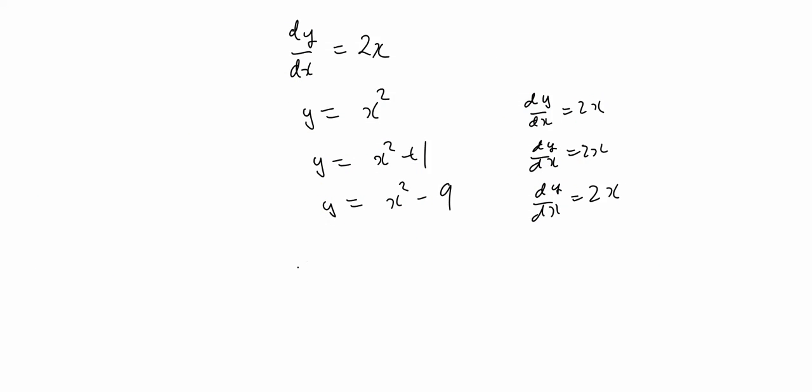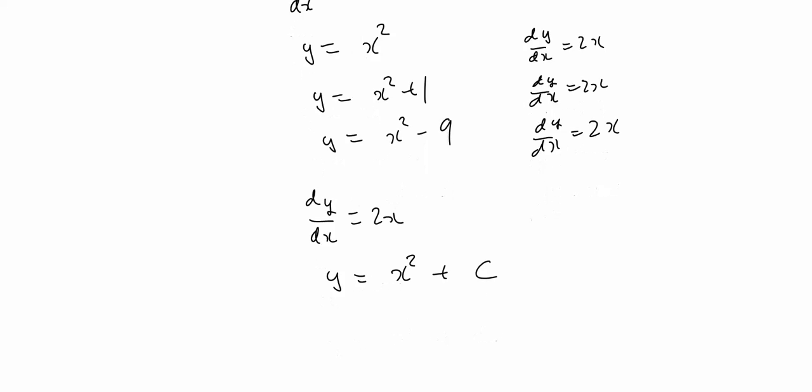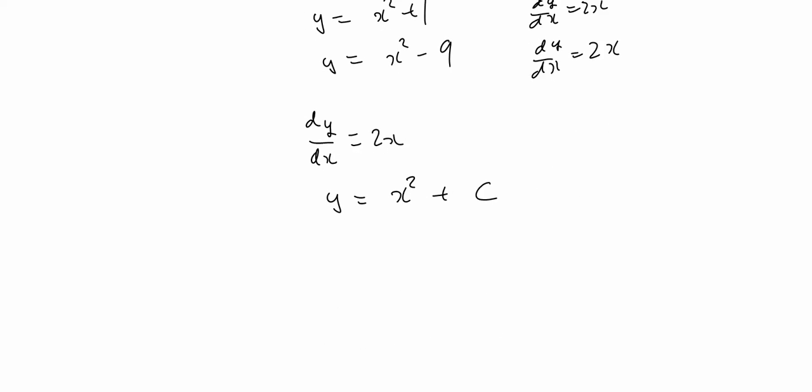So if dy by dx is 2x, then y is x squared plus some constant. We'll call that constant c, and it could take any value, positive or negative.